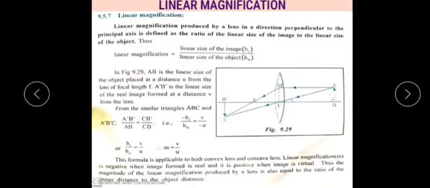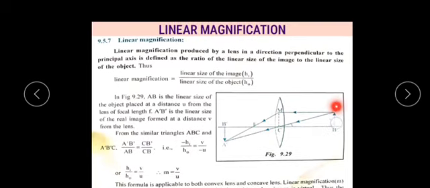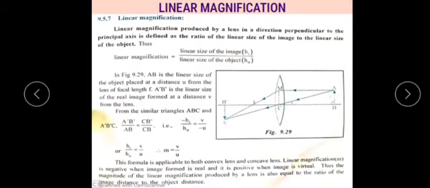From the similar triangles, there are two similar triangles: ABC and A dash B dash C. In similar triangles, the equation is A dash B dash divided by AB is equal to B dash C divided by BC.